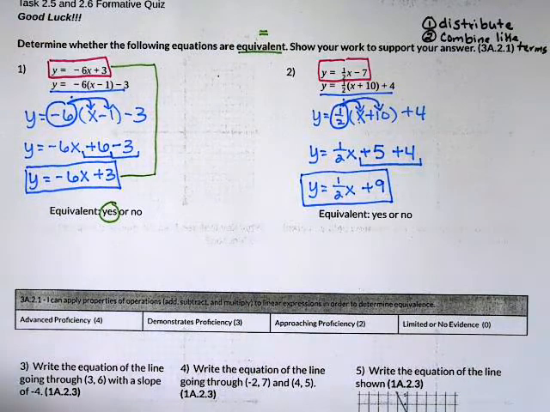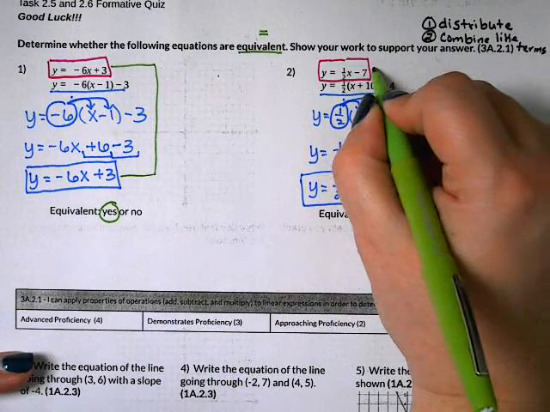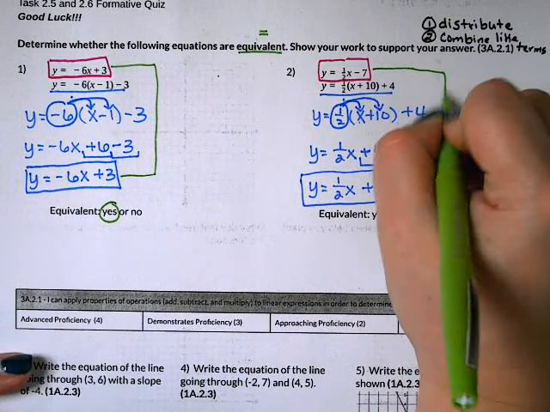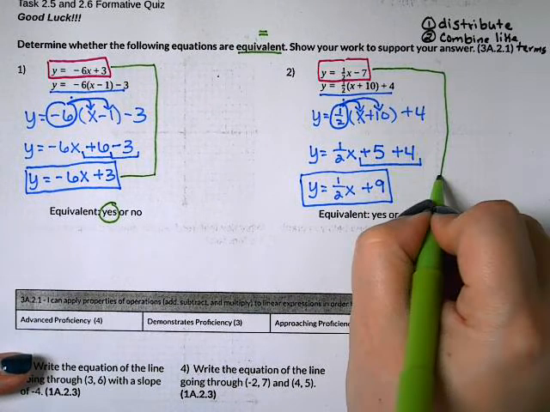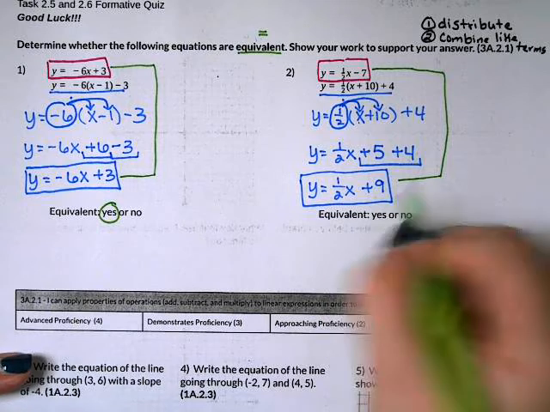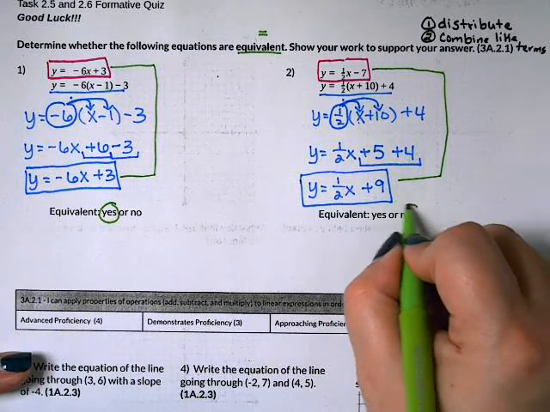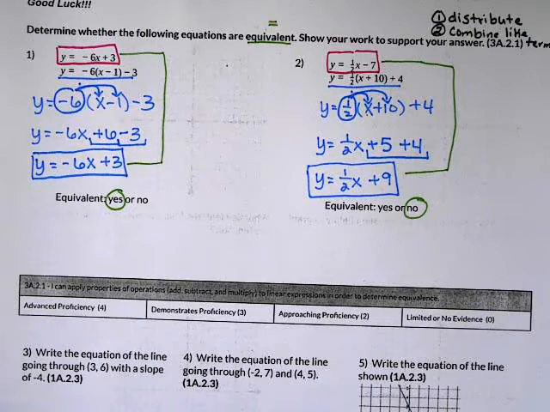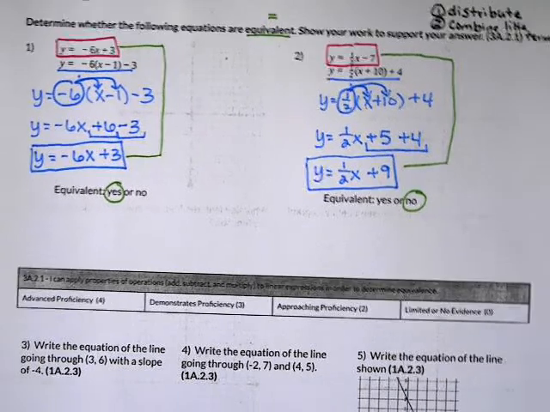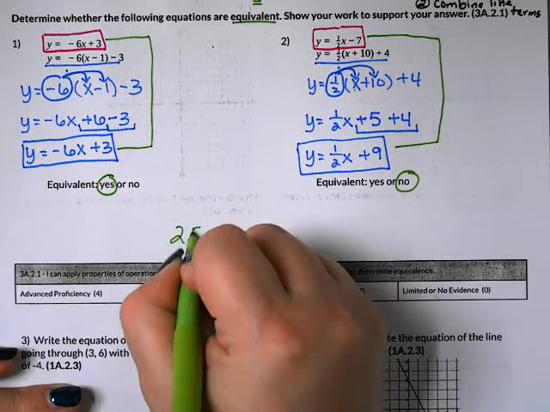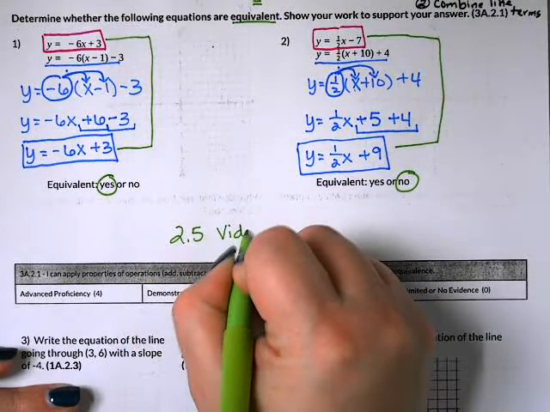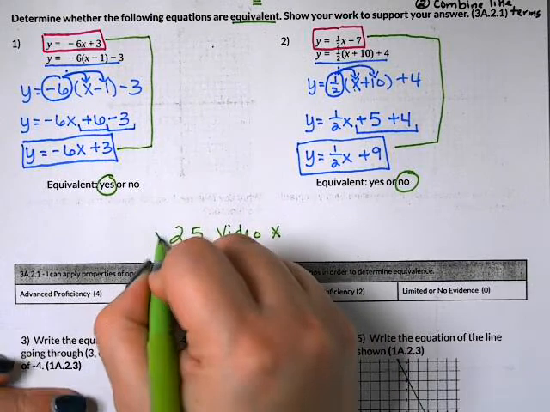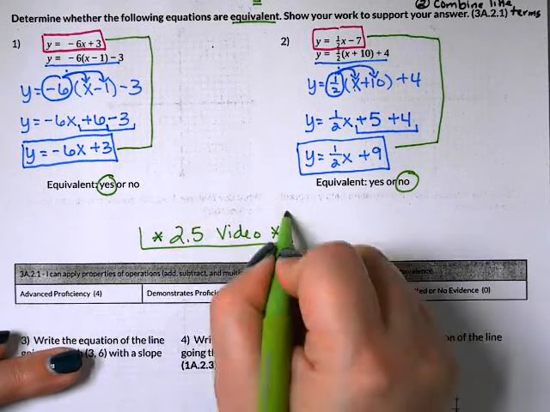If I take a look at the two given equations then, this one was 1/2 x minus 7, and this one simplified down to 1/2 x plus 9. Those are not the same, which means these two are not equivalent. Again, if you need some help with that, that was in the 2.5 video. So there's another example in that video if you need some help.